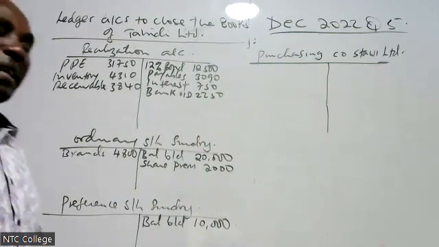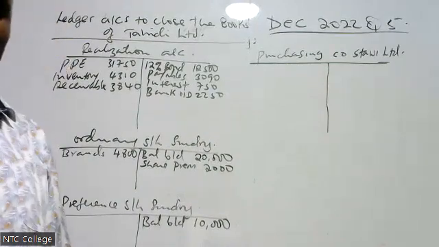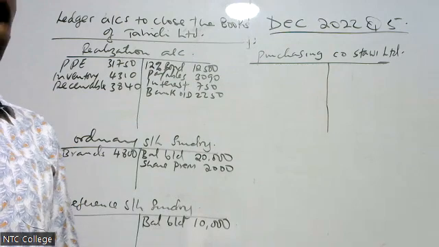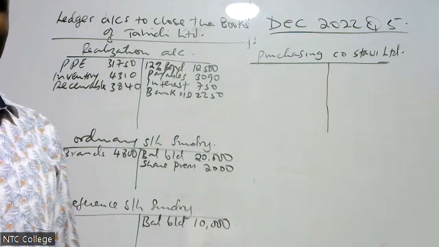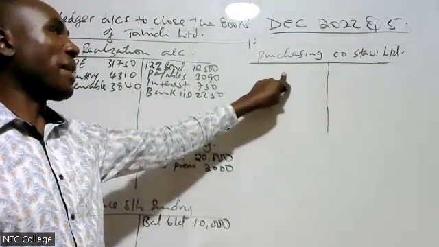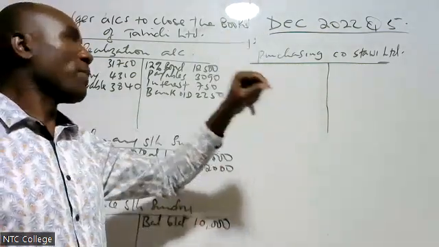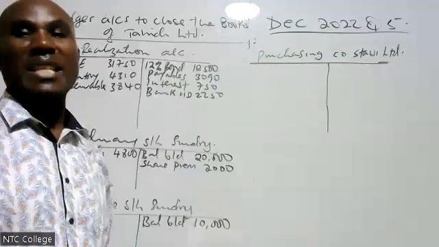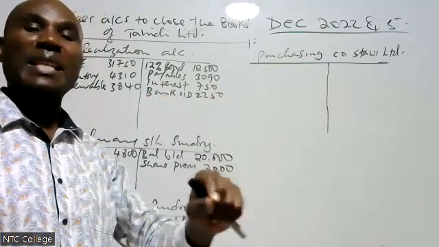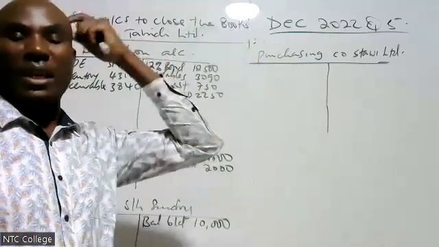Then, good friends, we go to note number 4 in our journal entries. We talked about the purchase consideration. Purchase consideration, we said we debit purchasing company account, we credit realization. But in this case, we don't have it. Therefore, we jump note number 4. It will go hand in hand with note number 8 in our journal entries.